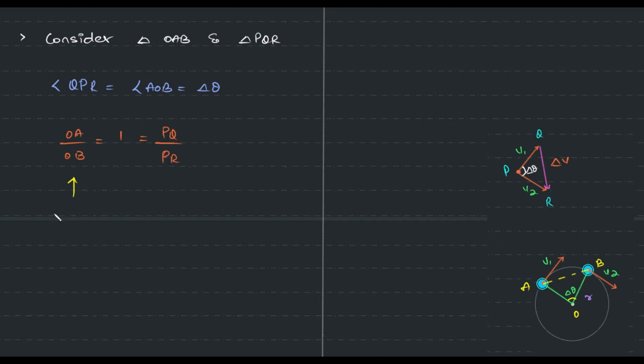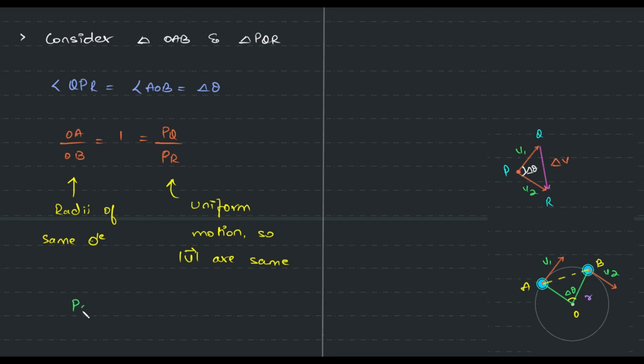These are equal because both are radii of the same circle, while this is equal because the motion is uniform motion. So the magnitudes of velocity are same. And so these two will give us 1 and these two same radius. So this also will give us 1.